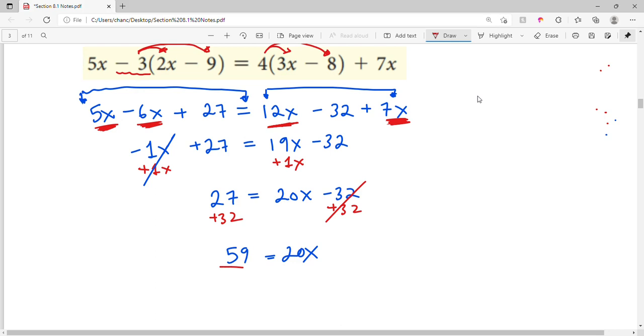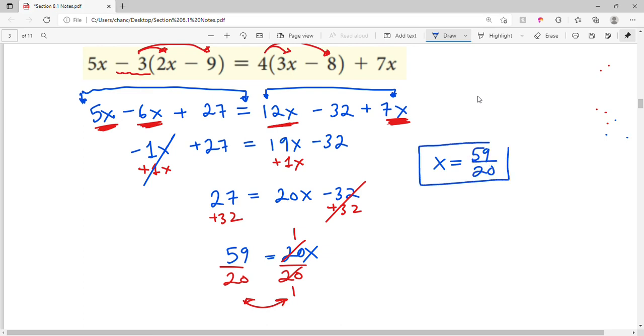Let's divide both sides of our equation by 20 to isolate the x. That leaves us just an x on the right, but I could swap it around and give my answer in the correct form. x is equal to 59 over 20. This does not reduce any further, so 59 over 20 is a good solution.